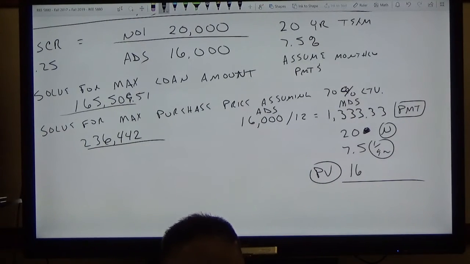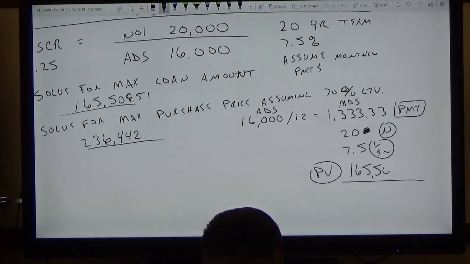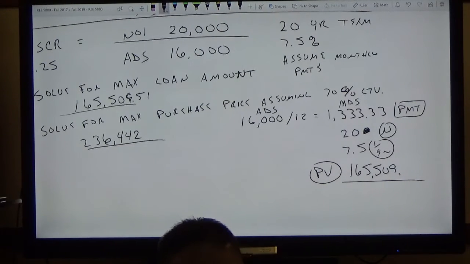I get 165,509, and we can round off the rest because it depends on how far you carried out the decimals. If you only put in 1333.33, then it ends up being slightly different. That's the only difference.